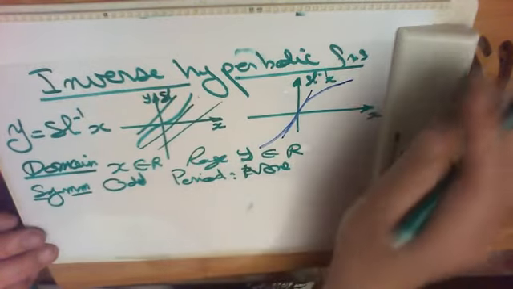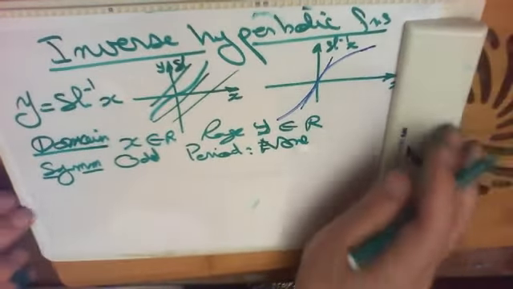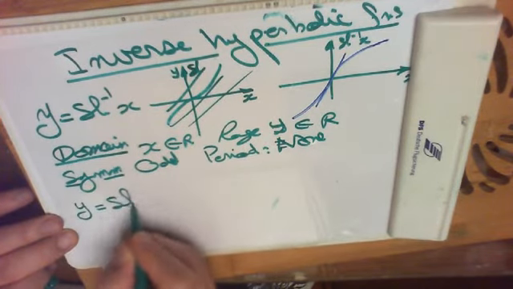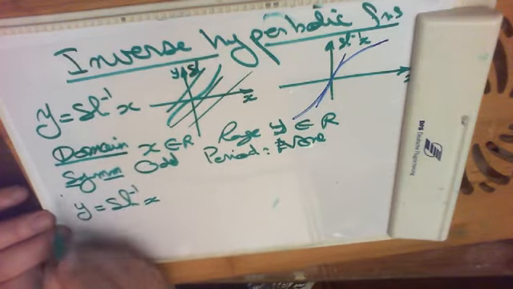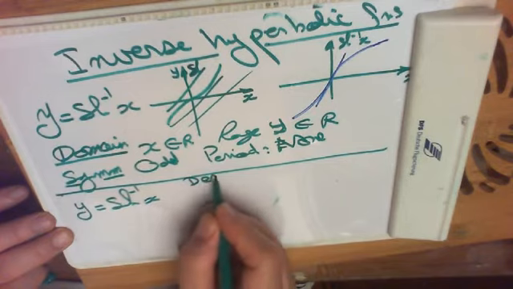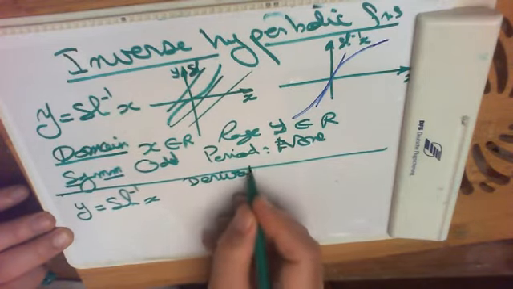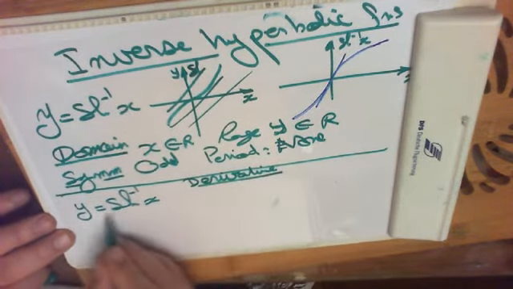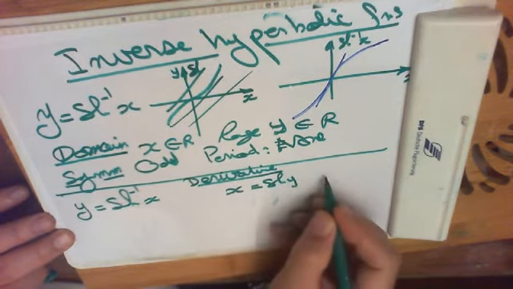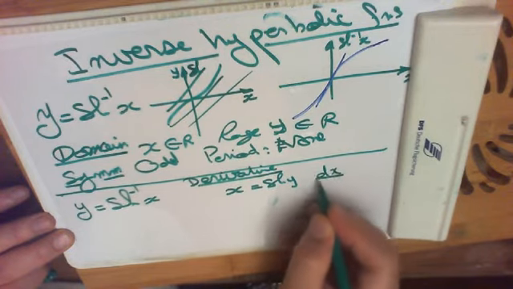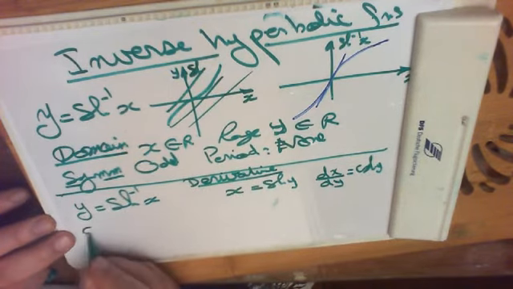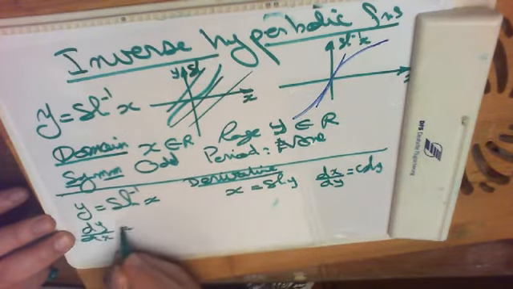Okay, what is the derivative? Very, very simple. y equals sine minus 1 x, which means x equals sine y. Therefore, dx by dy equals cosine y, or dy by dx equals 1 over cosine y.